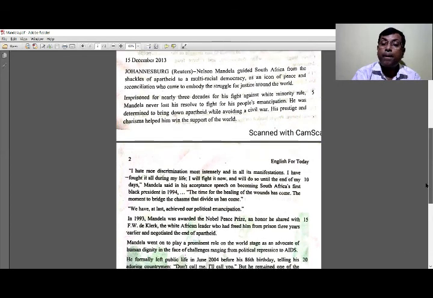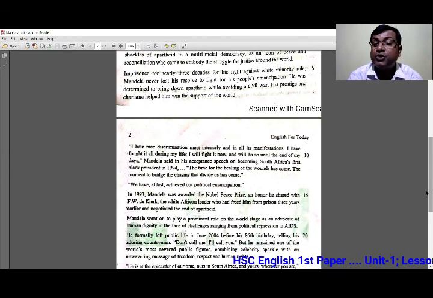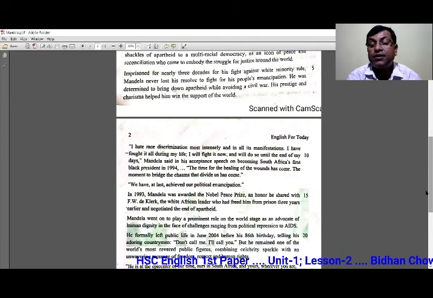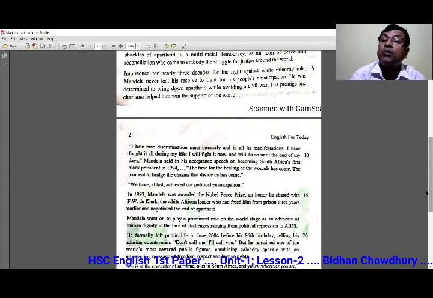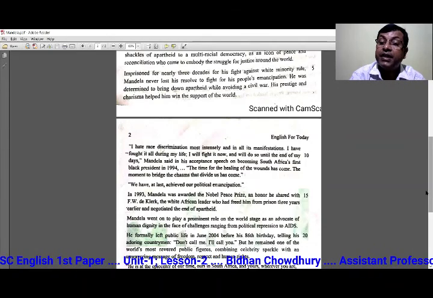Mandela went on to play a prominent role on the world stage as an advocate of human dignity in the face of challenges ranging from political repression to AIDS. So, actually, on the world stage, Nelson Mandela played a very significant role.